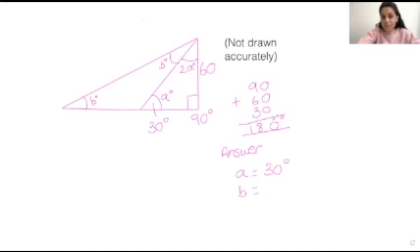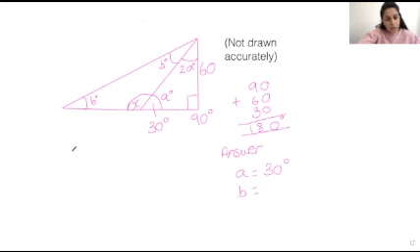Now we need to figure out what B is. So another rule we need to know in angles is angles on a straight line add up to 180. So if we have A over here, if we draw the rest of it here, we know that this over here, let's call it x, plus the 30 must add up to 180 degrees.